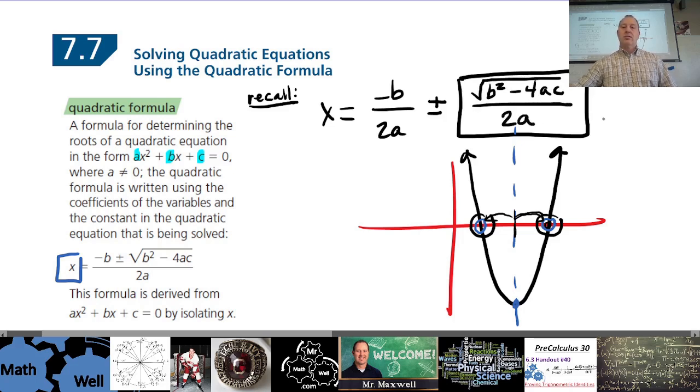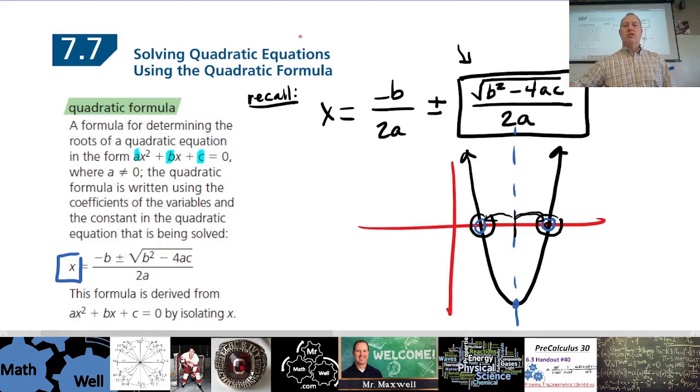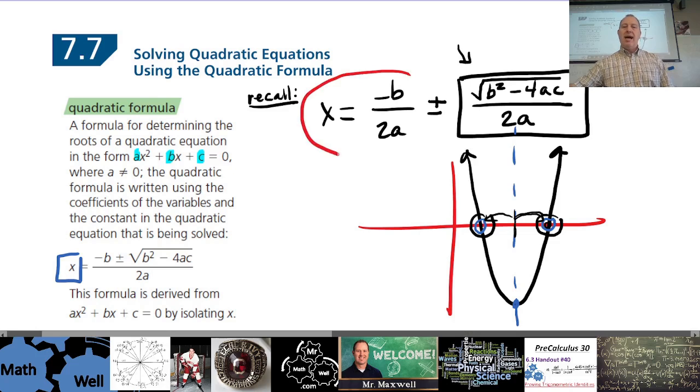Now, you don't have to know why this is for now, but this is the way I like to explain this: you have the axis of symmetry, and you add a certain amount to it to get this root over here, and then you subtract a certain amount to get this root, and it happens to be the same amount because it's symmetrical, and that's how you can find the roots.